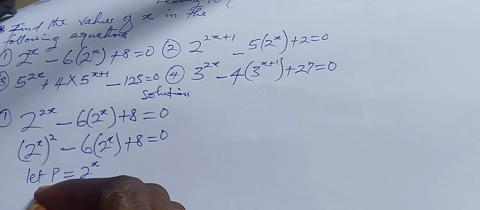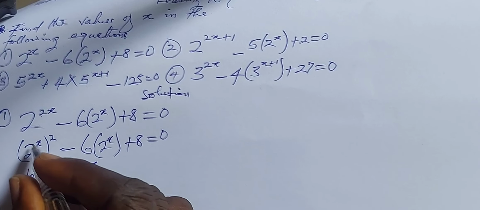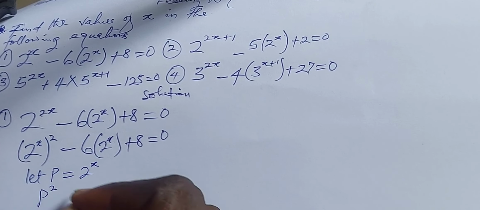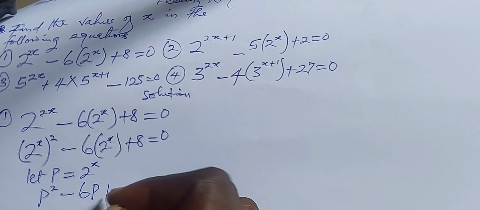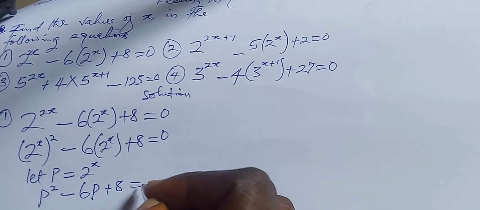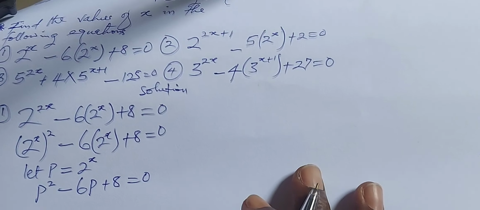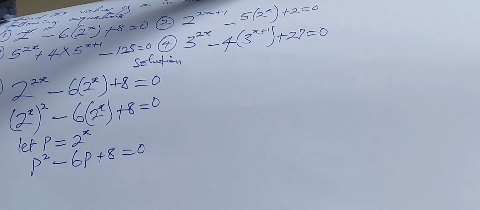So you now have p squared minus 6p plus 8 equals 0. You can see we have reduced the exponential equation to a purely quadratic expression. So let's find the value of p before we go further to look for the value of x.